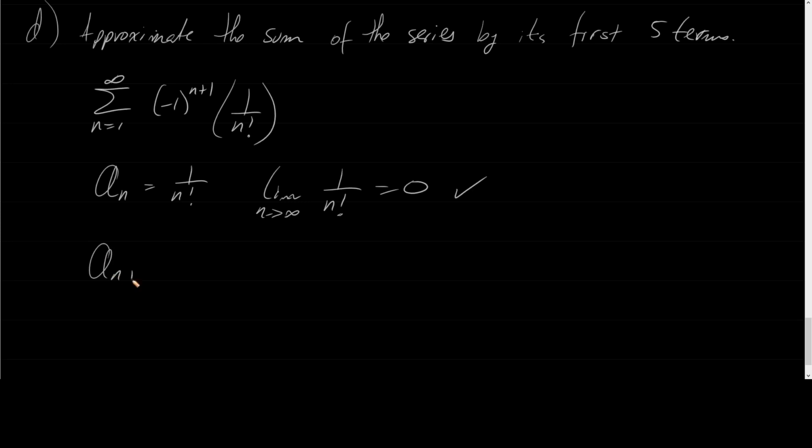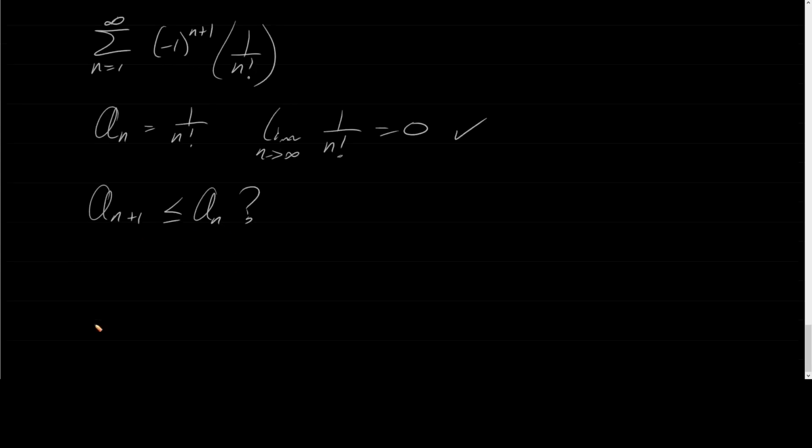Now is it decreasing? Well, let's find out. This is the question: is a sub n plus 1 less than a sub n? Well, a sub n plus 1 would be 1 over n plus 1 factorial. And we want to compare 1 over n factorial to 1 over n plus 1 factorial.